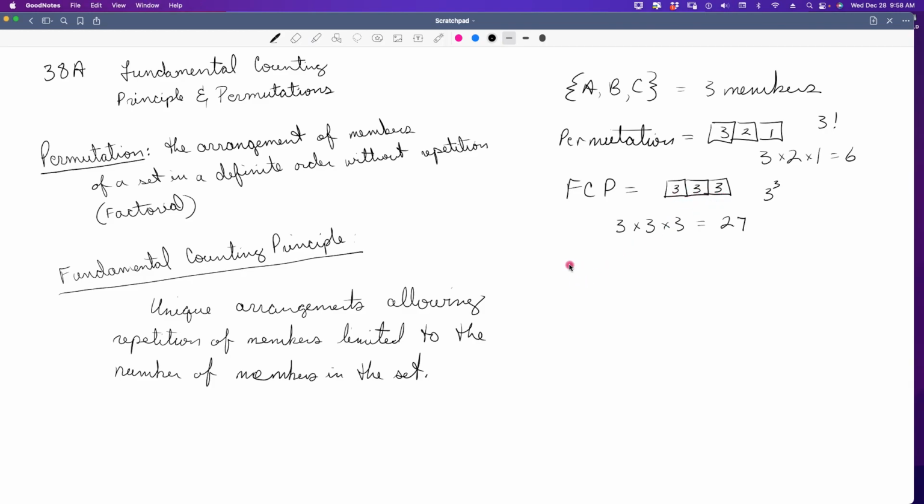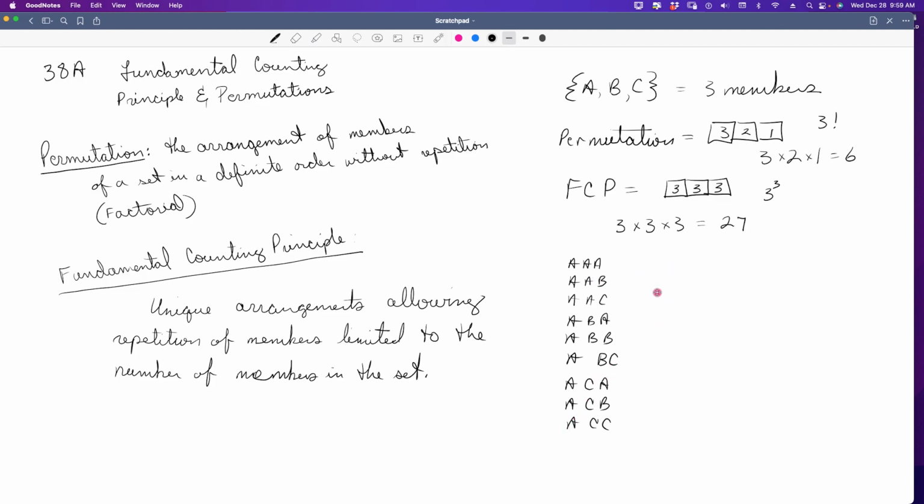So that's the same thing as saying I could have AAA, AAB, AAC, ABA, ABB, ABC, right? ACA, ACB, and ACC. Those are all of the repetitious permutations when I choose A for the first location.